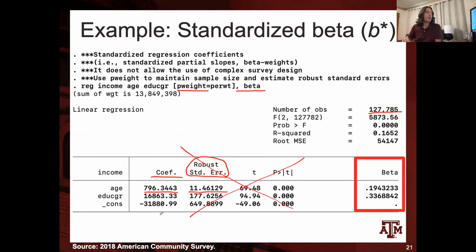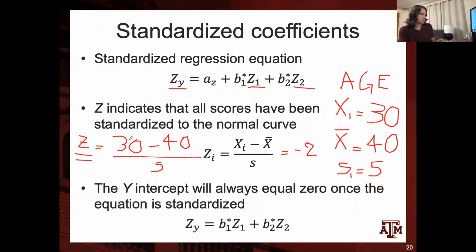And because I put the option comma beta, Stata deleted that confidence interval that was here and included the betas, the standardized coefficients. And there is no standardized coefficient for the constant; the y-intercept will always be equal to 0.